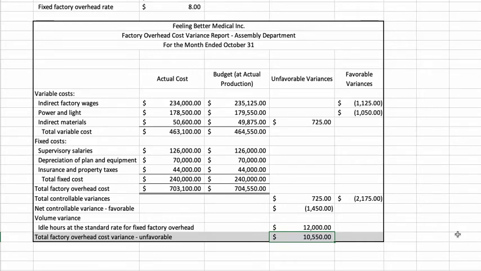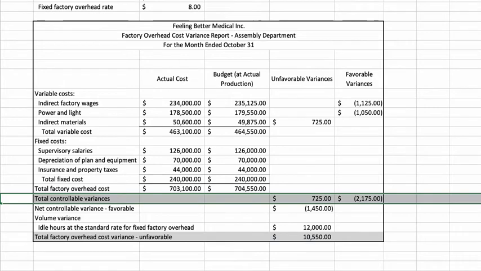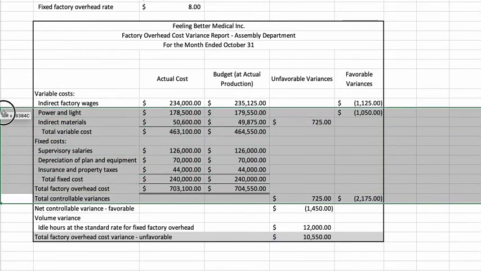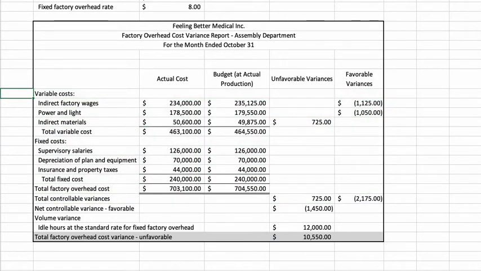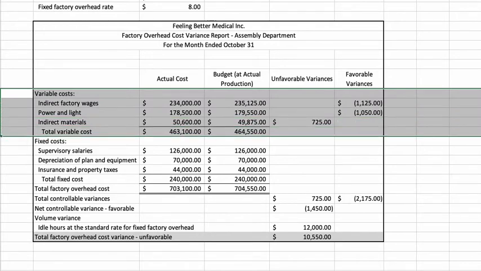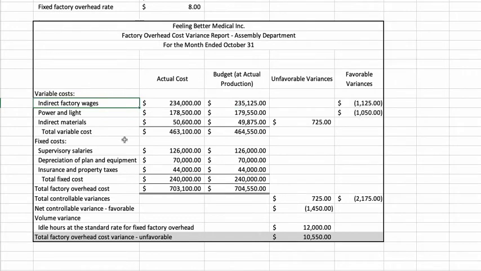One of the reasons that we break these two apart, the controllable and the volume variance, is because the production floor is responsible for the variable piece, right? That's what the production floor is responsible for, making sure that they are using their indirect factory labor correctly, that they are being responsible with their power and light, and that they are managing their indirect materials.